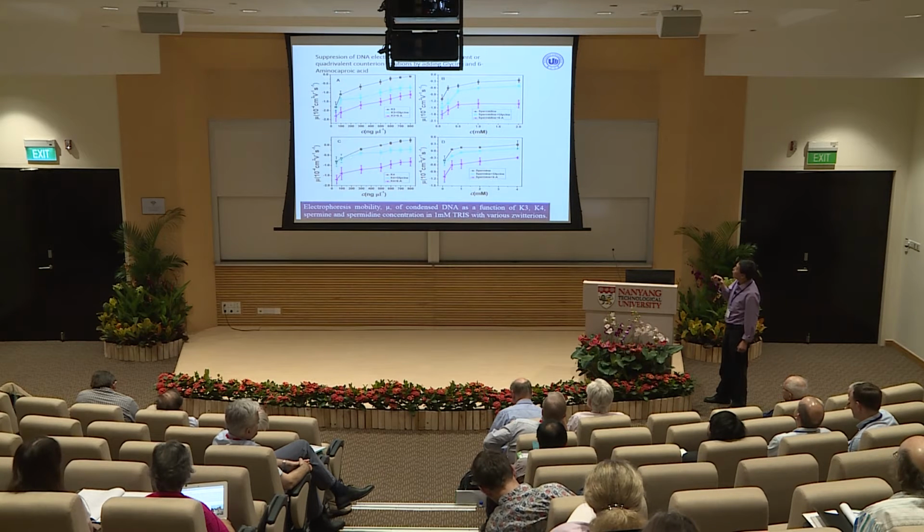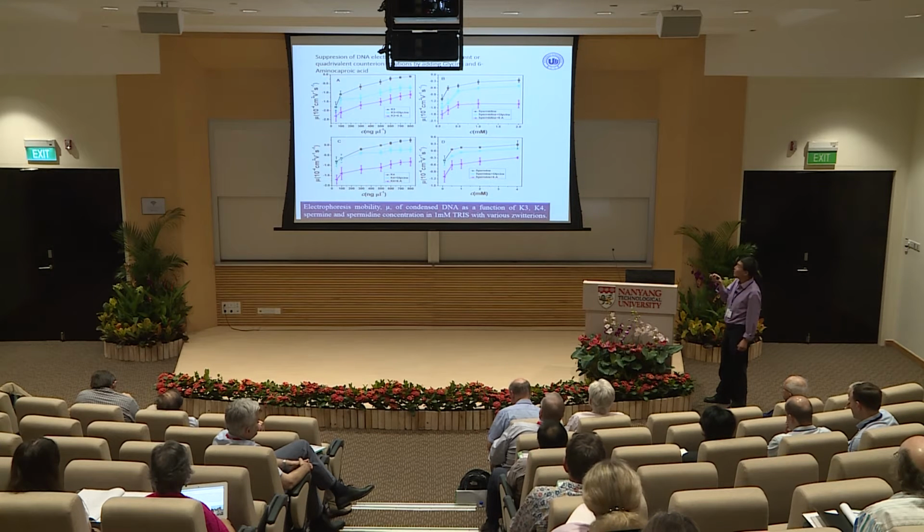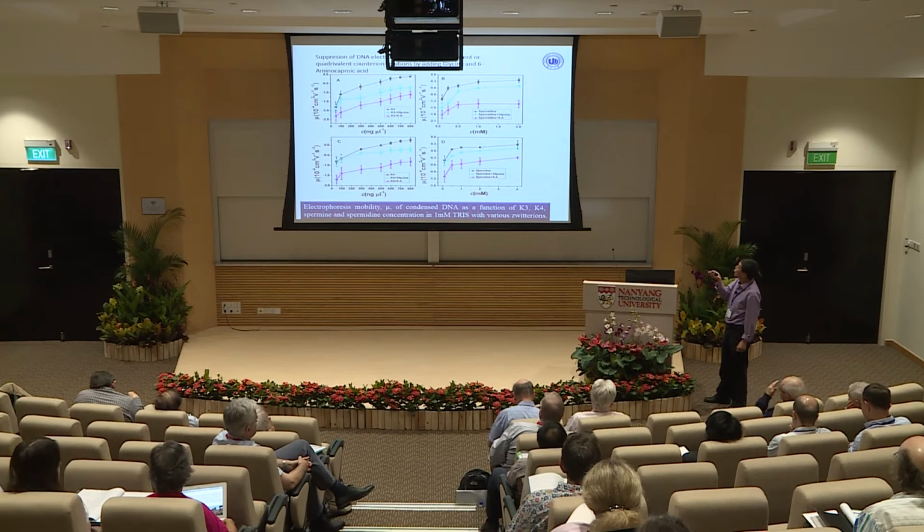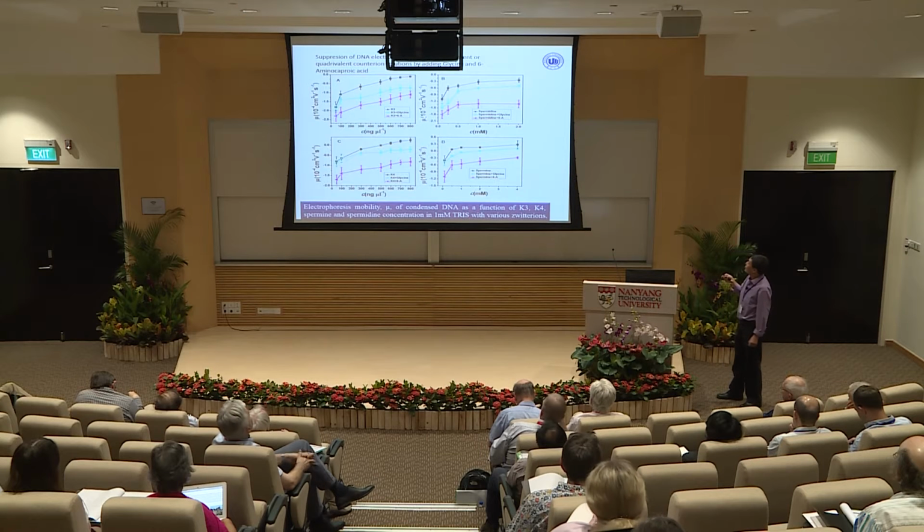Here we can see K4 can cause DNA charge inversion, but when we add glycine, we can pull it back to the normal state, and 6A, called amino caproic acid, is stronger.